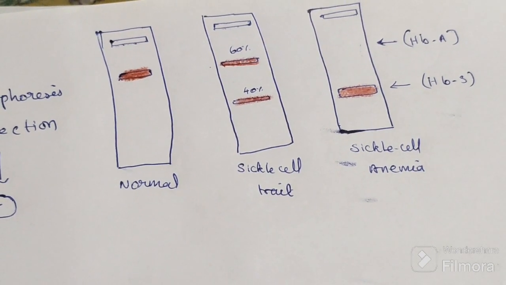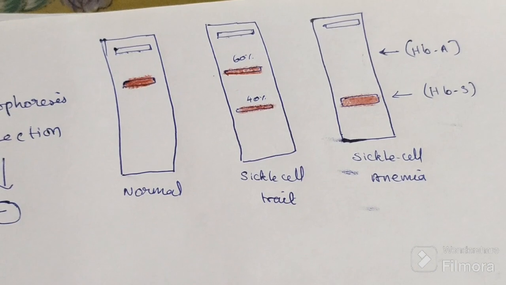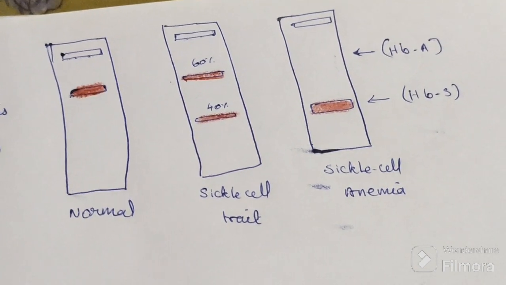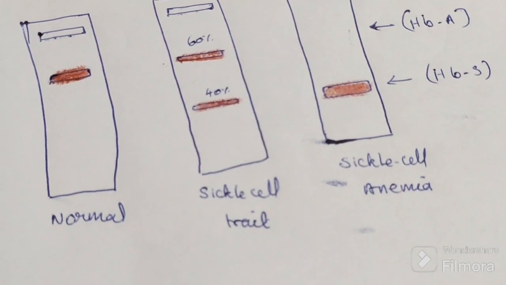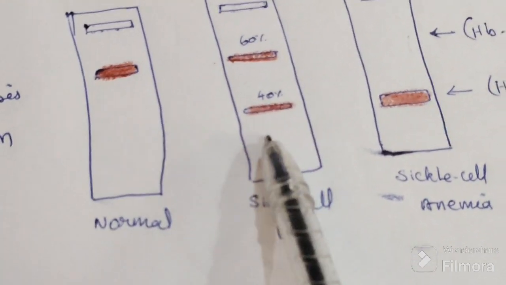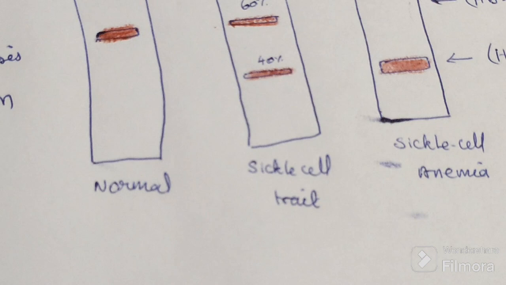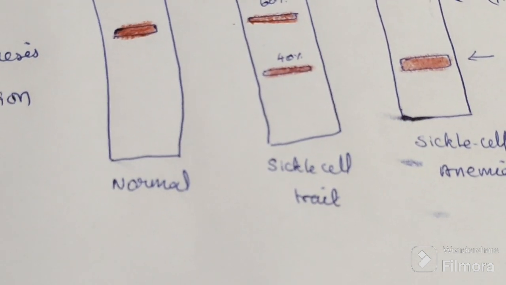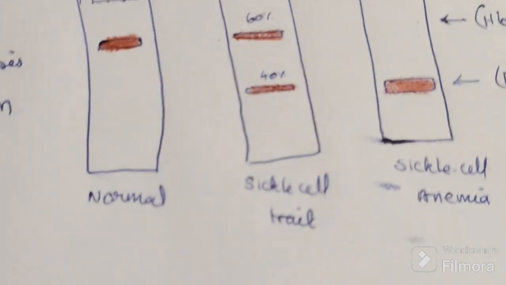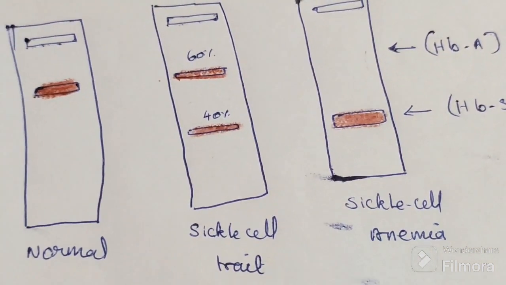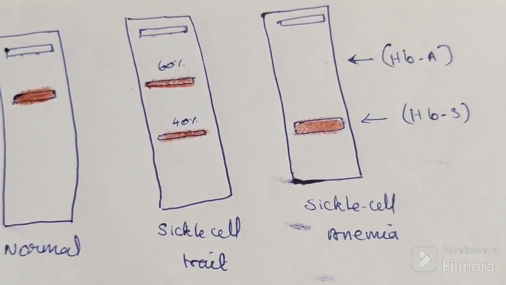But if the person has sickle cell trait, there is 50 or 60 percent hemoglobin A and only 40 percent hemoglobin S. So you will find two bands in sickle cell trait. But in sickle cell anemia, there is 100% HbS.